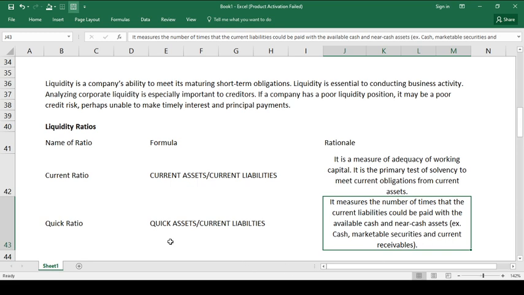Pag sinabi pong quick assets, this is the sum of cash, marketable securities, and current receivables, or the accounts receivable that are current, and notes receivable that are current. The purpose of the quick ratio is to measure the number of times that the current liabilities could be paid with the available cash and near cash assets.